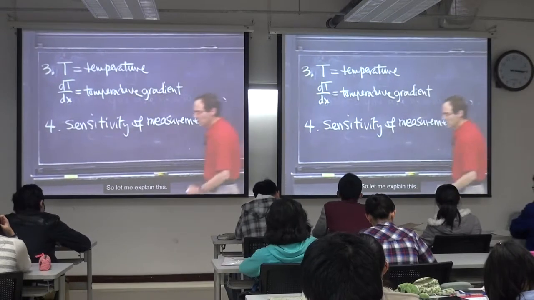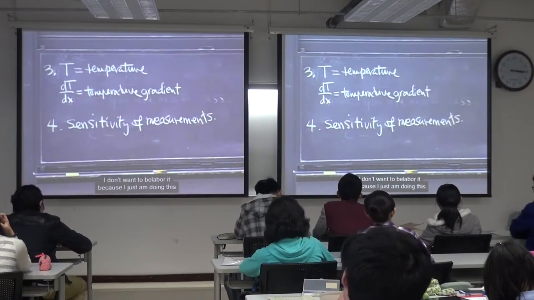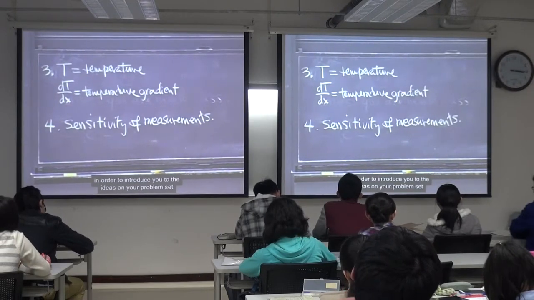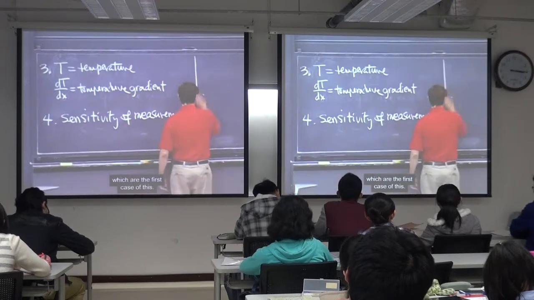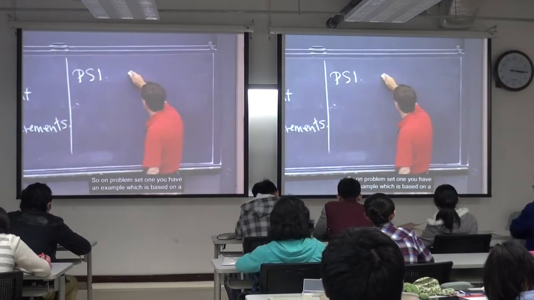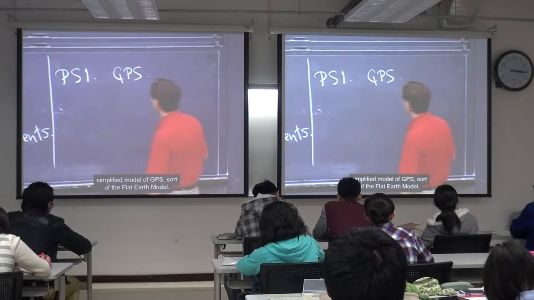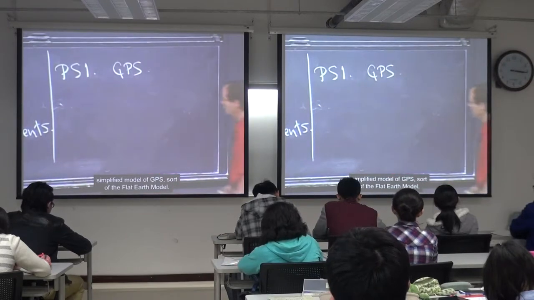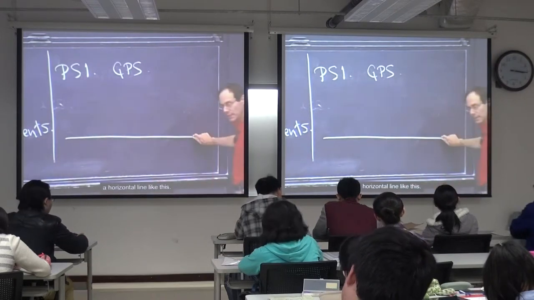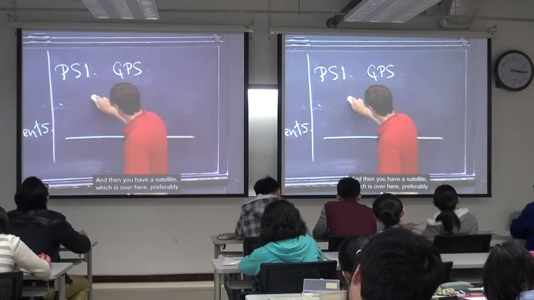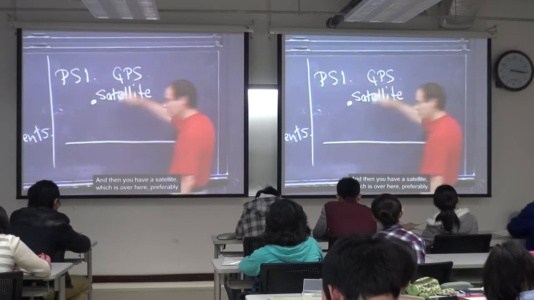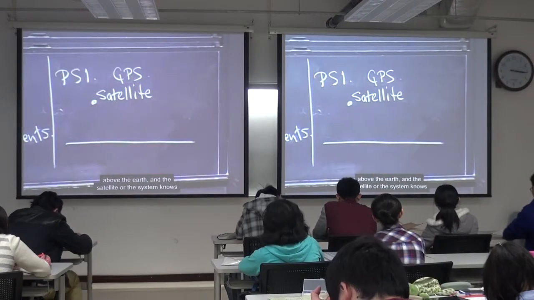So let me explain this. I don't want to belabor it, because I just am doing this in order to introduce you to the ideas on your problem set, which is the first case of this. So on problem set 1, you have an example which is based on a simplified model of GPS, the flat Earth model. In that situation, the Earth is flat, it's just a horizontal line like this. And then you have a satellite, which is over here, preferably above the Earth.